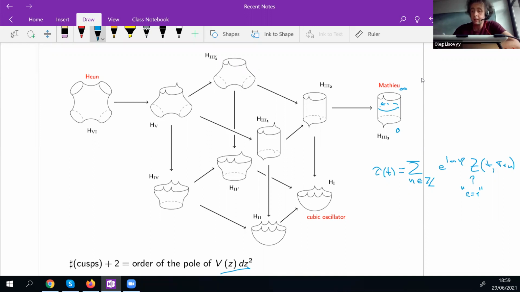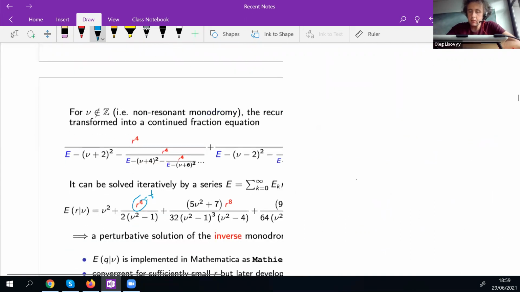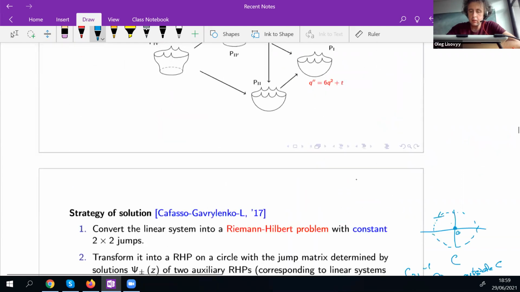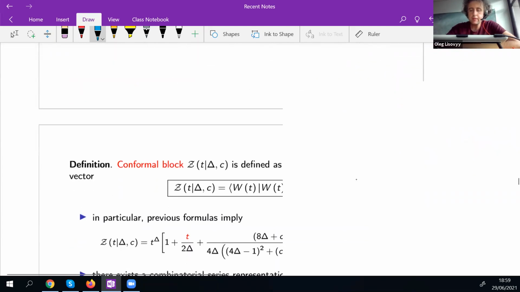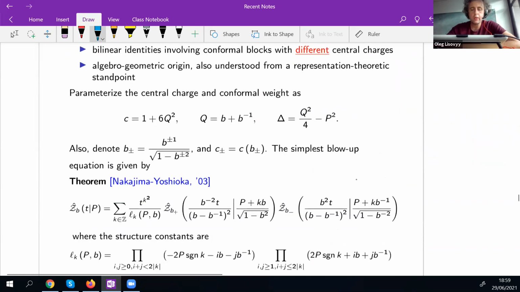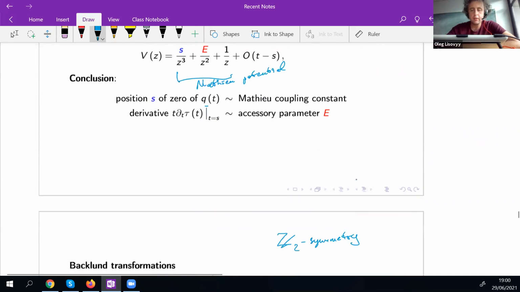But on the other hand, the function F, this accessory parameter function, we can compute using WKB, because F is essentially the inverted Bohr-Sommerfeld period. The computation that I have explained for Painlevé 3 can be done in precisely the same way for the other Painlevé equations.